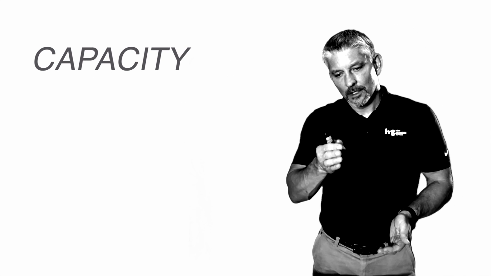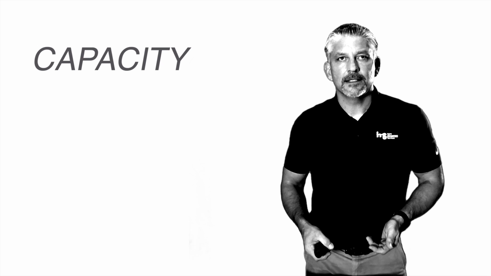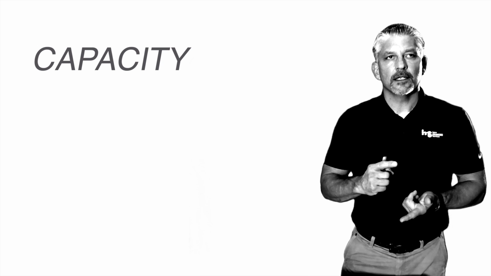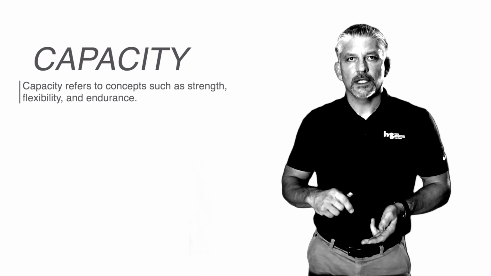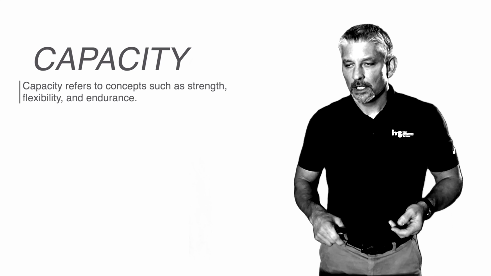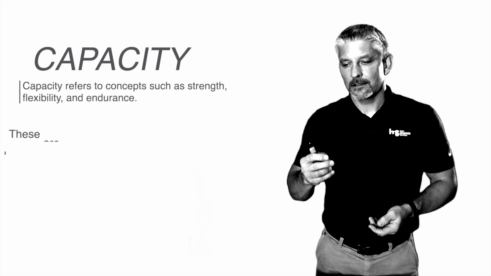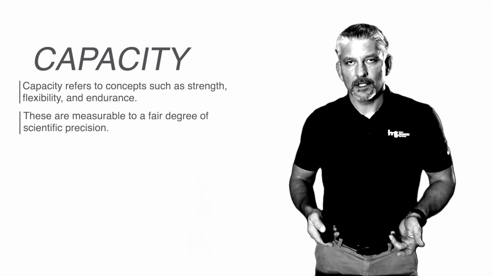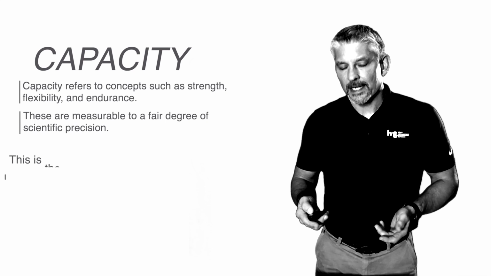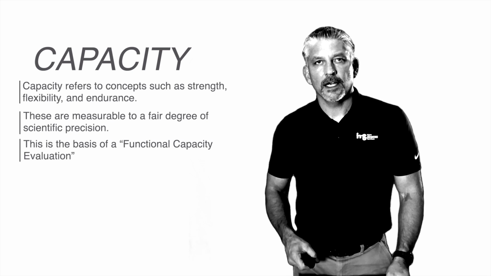Capacity, which is where a functional capacity gets its name, refers to concepts of strength, flexibility, endurance. Capacity is very scientifically measured, and it's the basis of a functional capacity evaluation.